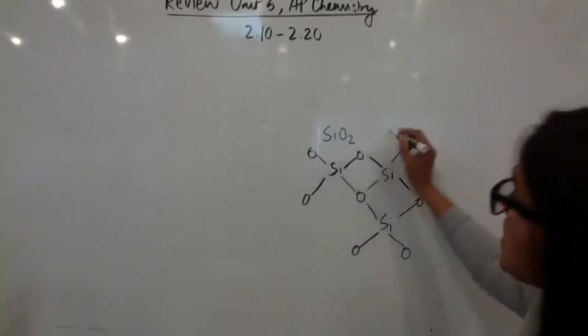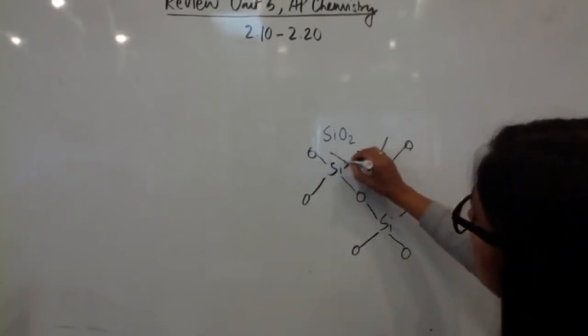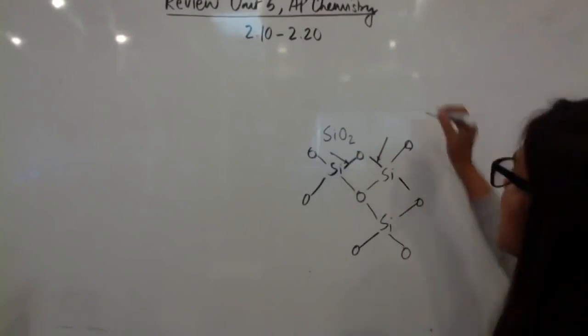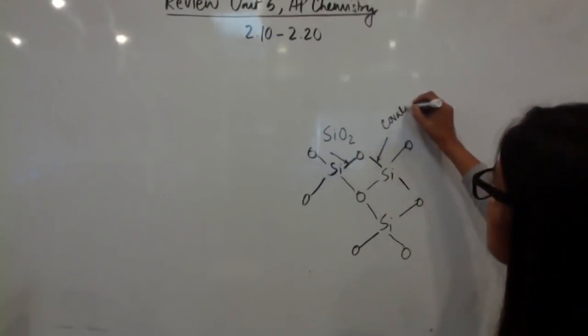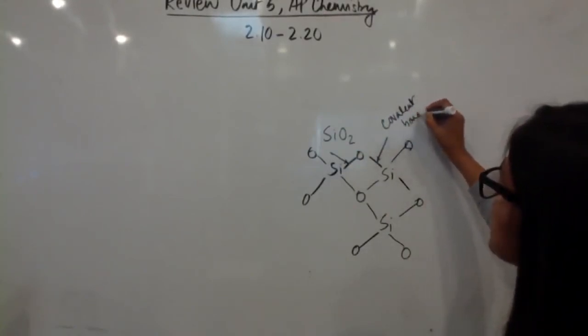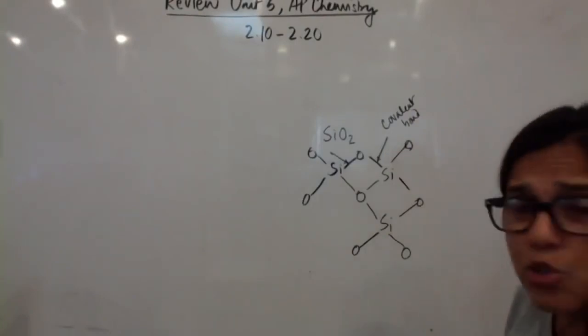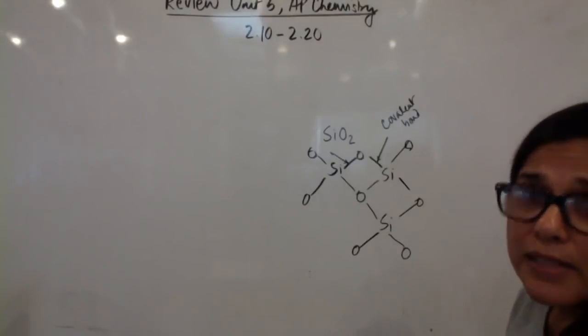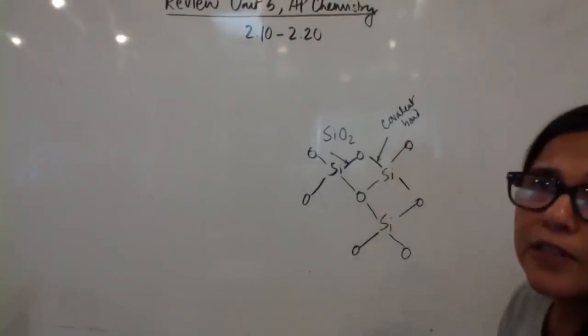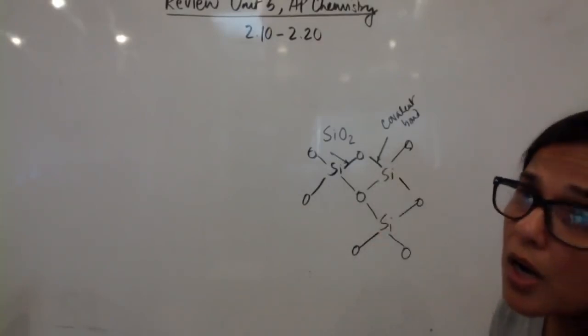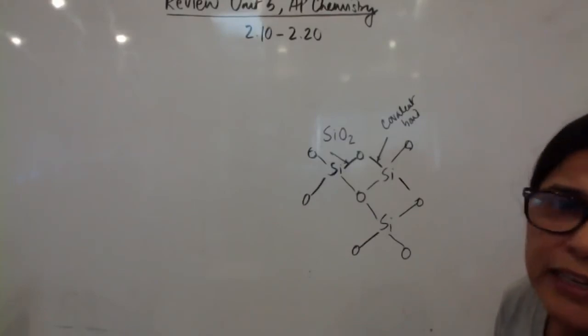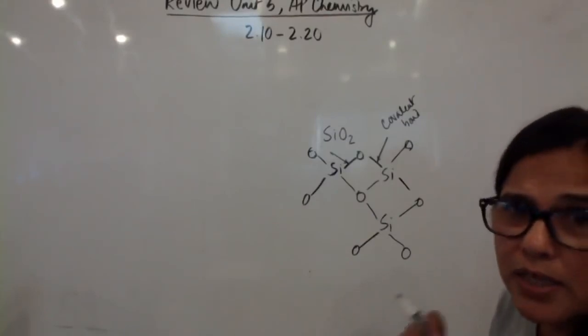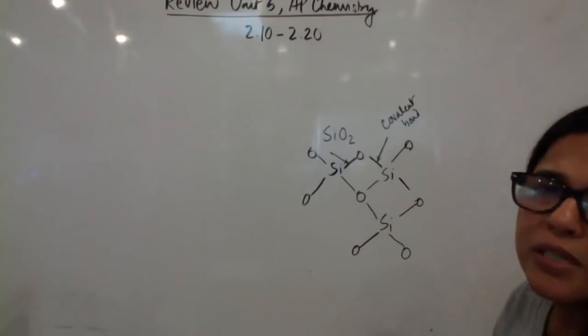Right? So every single one of the bonds, inter or intramolecular, is a covalent bond in a covalent network solid. And this is how covalent network differs from ionic or ion dipole, or any other, because every single bond in a covalent network compound is a covalent bond.